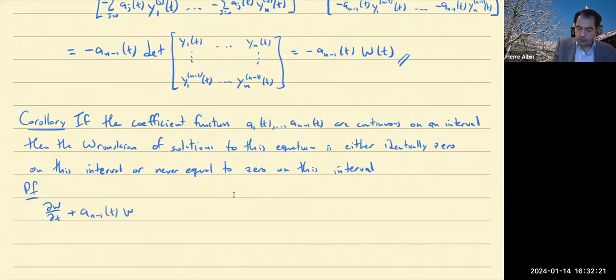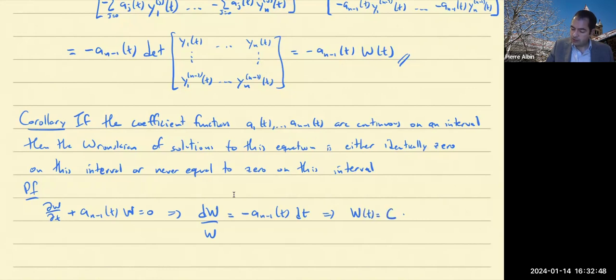And the proof is just that if you have this first order separable differential equation, then you can go ahead and write it in differential form notation like this. Then by integrating both sides and taking the exponential, we see that W of t is equal to some constant times e to the minus the integral of a_{n-1} of t.